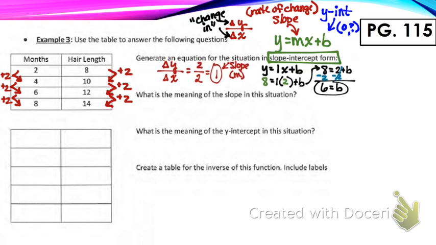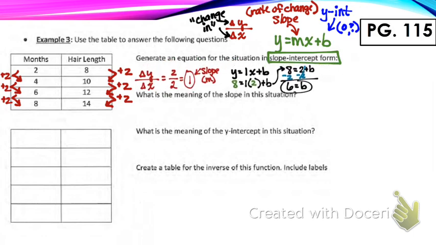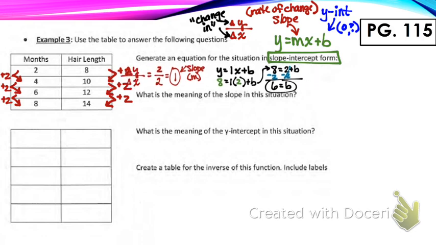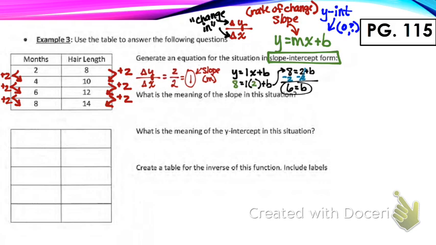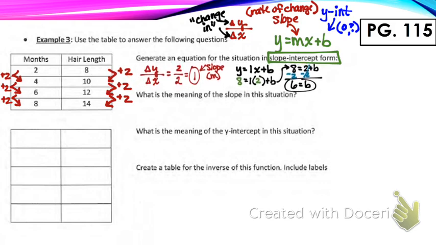So I'm going to shrink this down just a little bit. There we go. What would my slope-intercept form look like then? I know it has to start with y equals. What did we say our slope was? 1.